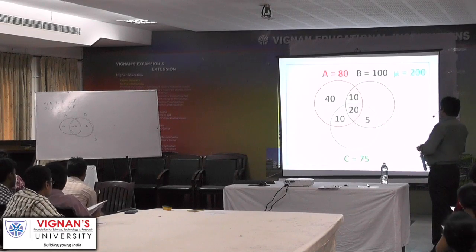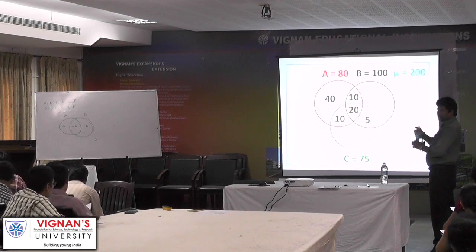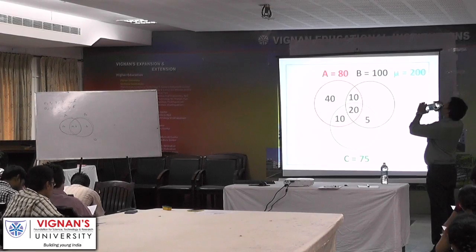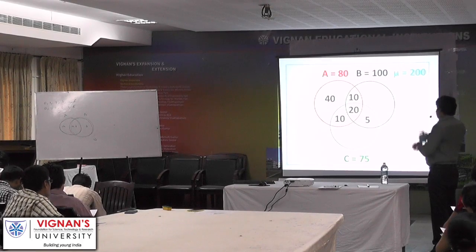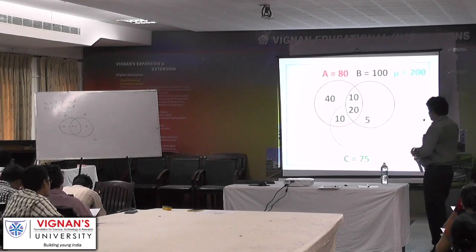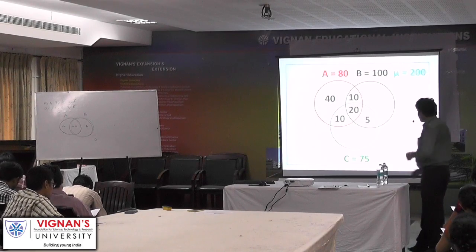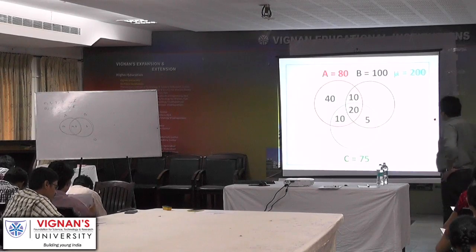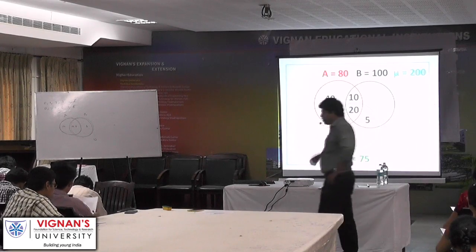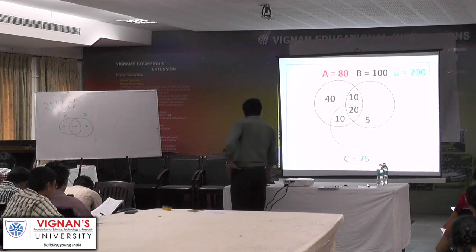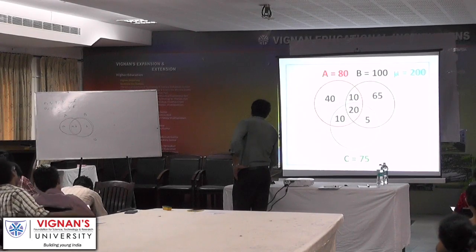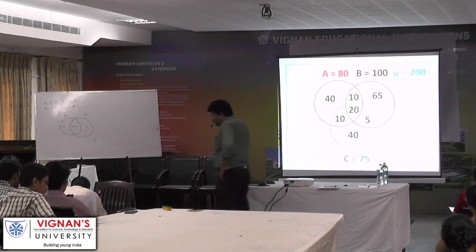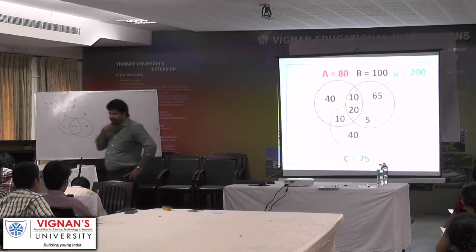You know this is 10, 20 and 10, already 40. The remaining is another 40. Similarly, what is only B? Only A is 40, only B is, only C is 40.